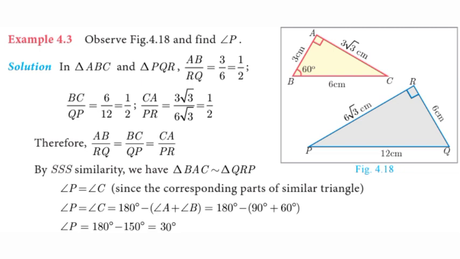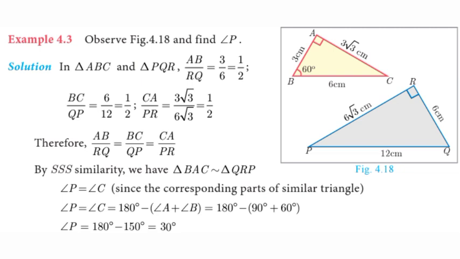Okay. Next, angle P equals angle C, since they are corresponding parts of similar triangles. Angle P equals, that is angle C. Next, angle P equals angle C equals 180 degrees minus angle A plus angle B. That is the sum of interior angles of the triangle, that equals 180 degrees.